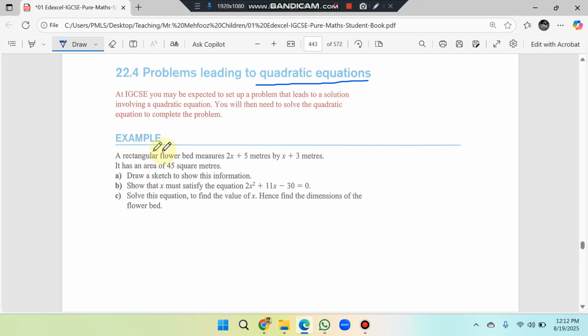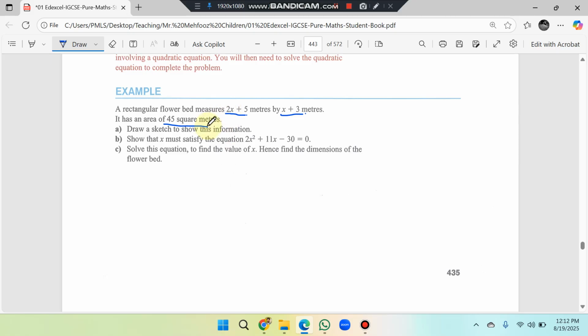Okay, a rectangular flower bed measures 2x plus 5 meters by x plus 3 meters. It means that its length is 2x plus 5 and its width is x plus 3. It has an area of 45 square meters.